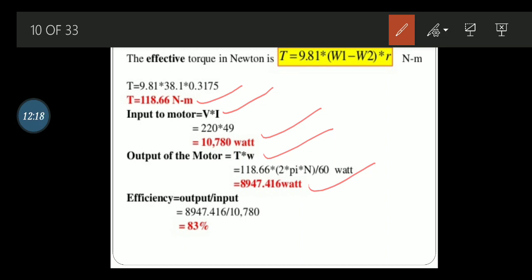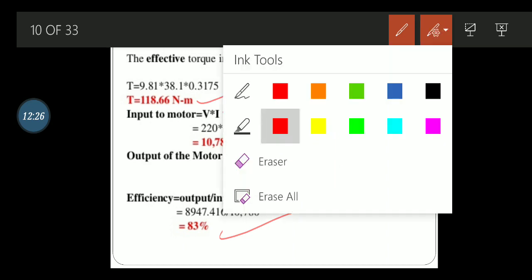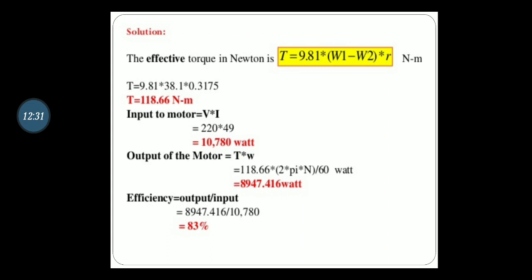Then the efficiency of the motor is the output power divided by the input power, which gives an efficiency of 83%. So this is one example on testing of DC motor.